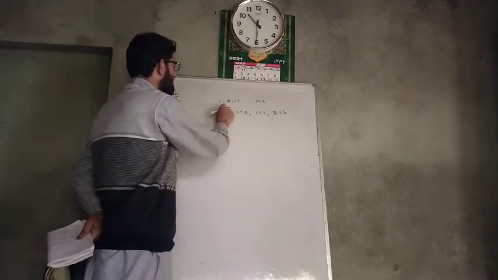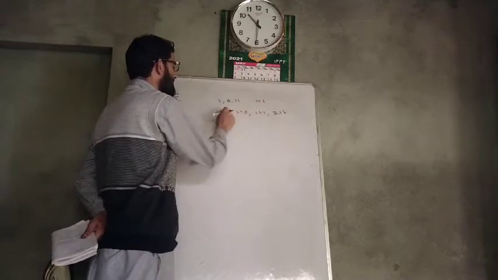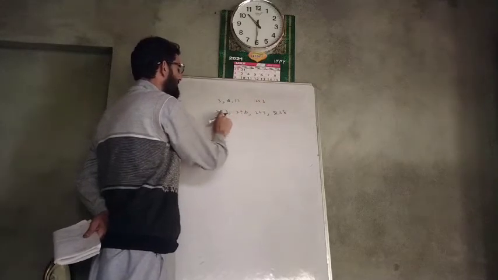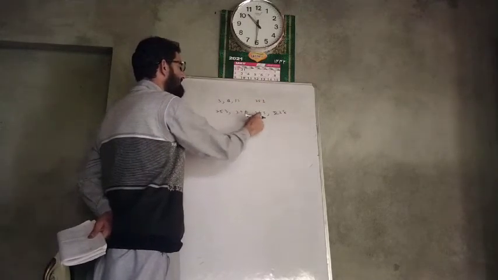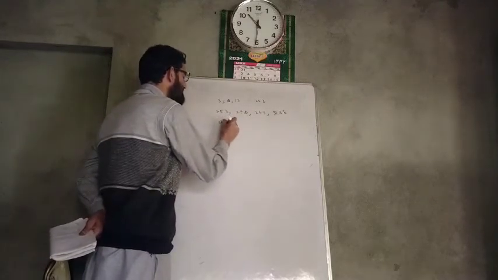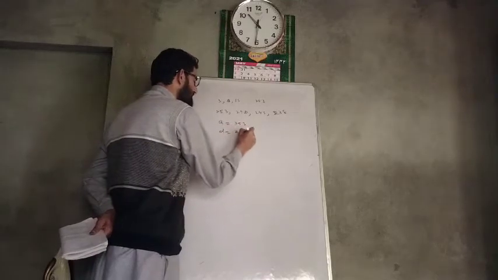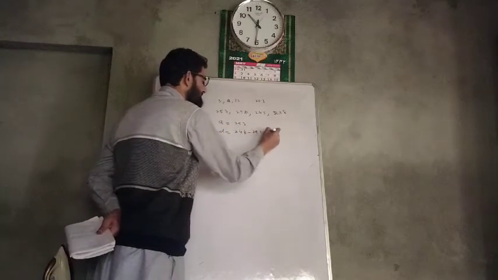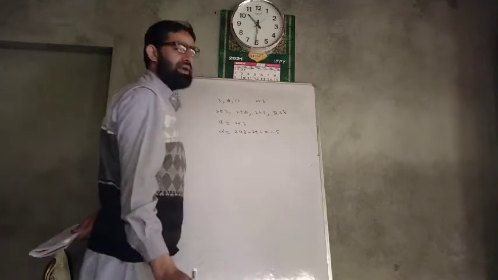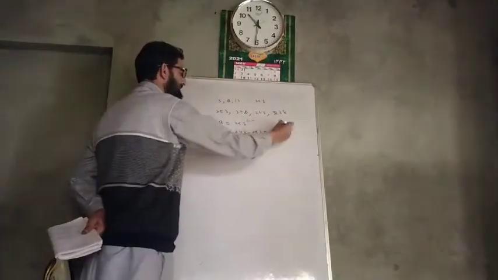So this is 253, then 248, then 243, then 238. What is A? It is 253. What is D here? It is 248 minus 253, this is minus 5.